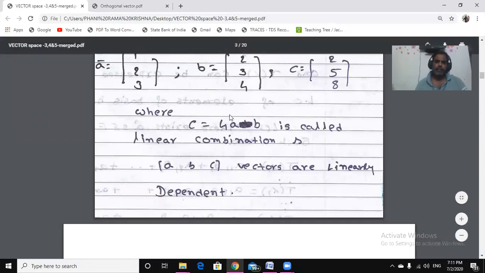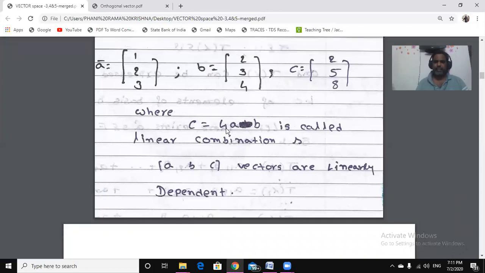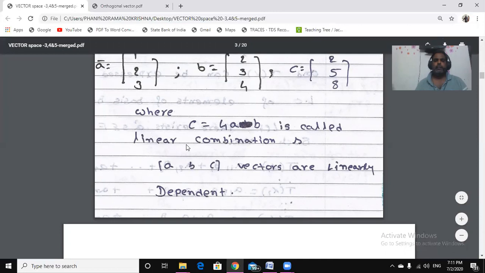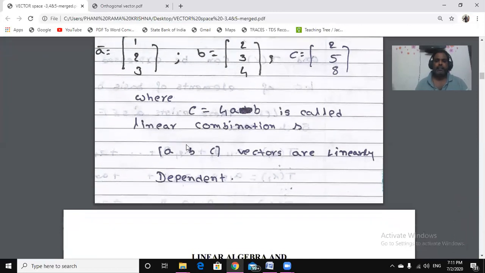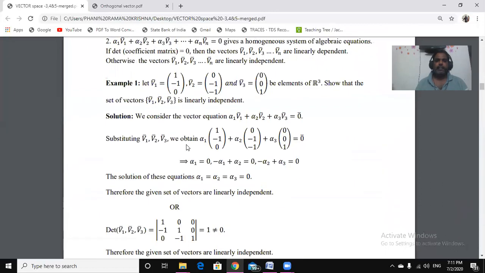I am writing the third vector c as a combination of the two vectors a and b, 4a minus b, where a and b are vectors and 4 is a real scalar. So 4a minus b is a linear combination of these two vectors. Therefore these vectors are linearly dependent.